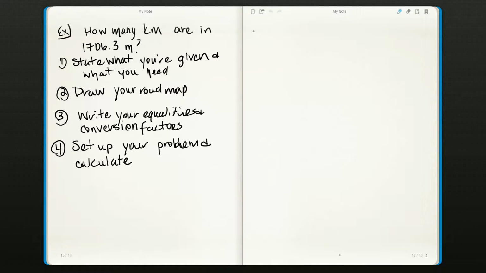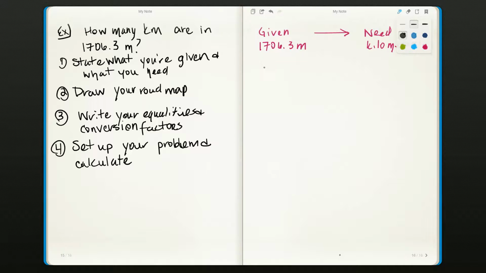Okay, so our example is how many kilometers are in 1706.3 meters. So we're given 1706.3 meters, and we need kilometers. Okay. So now we need to draw our map.